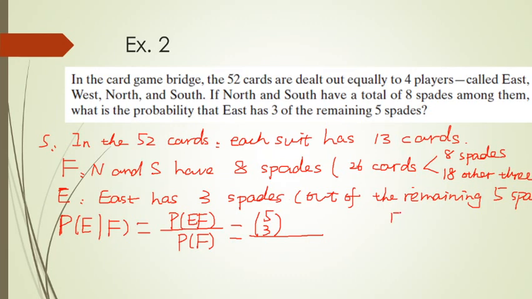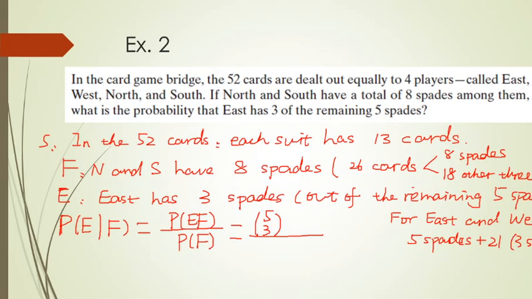so let me write here for east and west. What are those 26 cards for those two players? That will be 5 spades left plus 21 other cards from the other 3 suits.